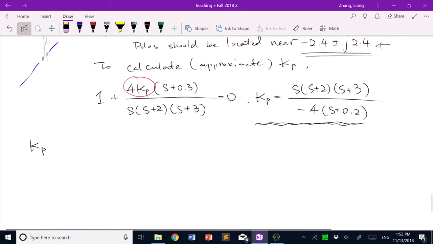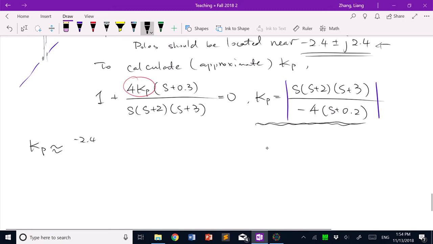And if Kp is positive, what about I add absolute value here, absolute value here? So I don't really have to do the absolute value for Kp, since Kp is positive automatically.